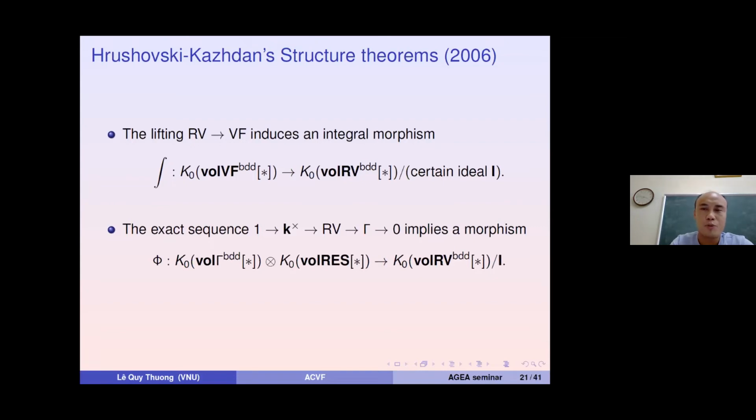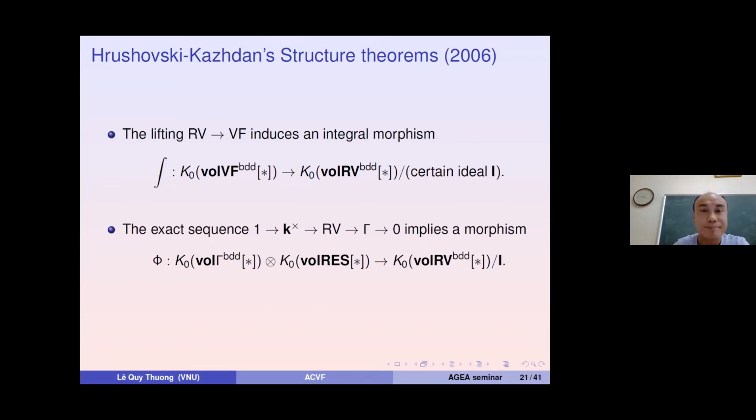And so from two ring morphisms, you can think about the relation between the Grothendieck rings of categories corresponding to VF sort, RV sort, and gamma sort.